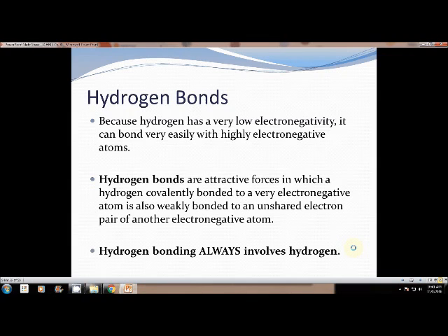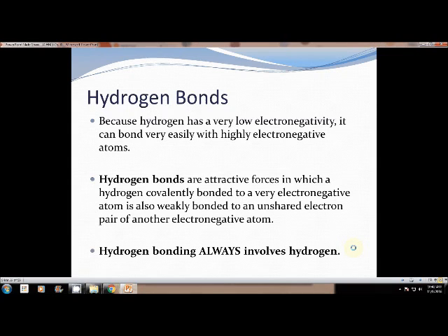It's very similar to dipole-dipole, where because hydrogen only has 1 dot, it has a very low electronegativity, so it will bond with other things with lots of electrons. So the most important thing you need to know, because it's the easiest to spot, is hydrogen bonding always involves hydrogen. When you're looking at a picture and there is hydrogen there, then you are talking about hydrogen bonding.